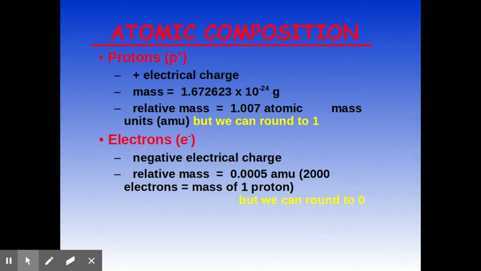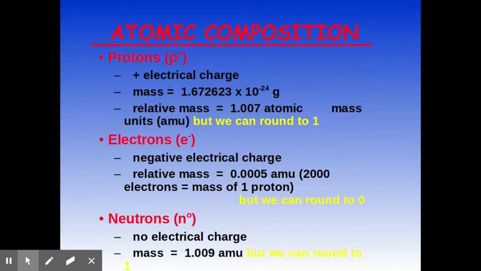We don't even consider them as part of the mass of the atom. Then there's the neutron. Neutrons are neutral, so we write an N with a 0 there to show you that there's a neutral charge on it. No electrical charge. And again, the mass is very, very similar to the mass of a proton, so we also round that to 1 atomic mass unit, or AMU.